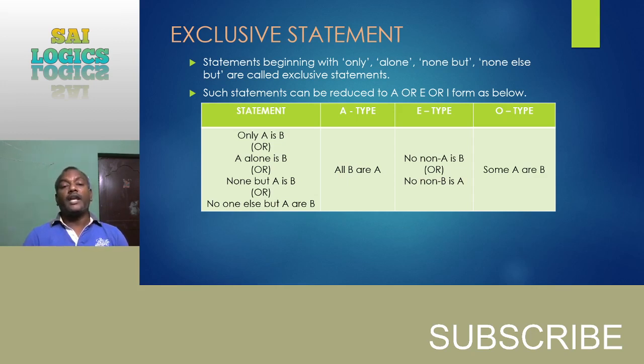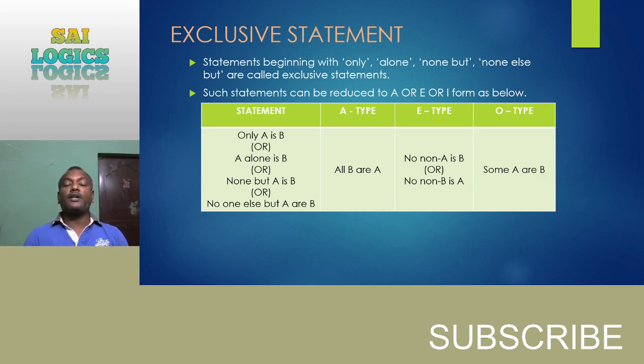So we can have a review of the things which we have discussed till now. We have 4 statements: all type of statement represented by A, no type of statement represented by E, some type of statement represented by I, and some not is a statement represented by O. All and some have a relation, and some is obtained when all is reduced.